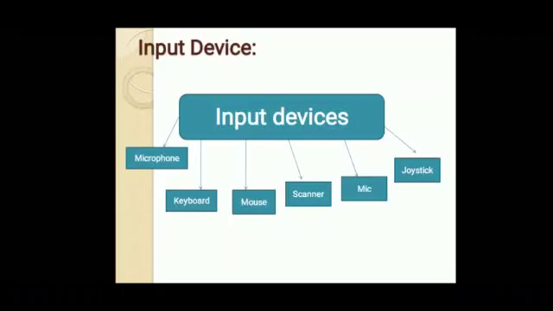The mic, we are giving the input voice and the voice will go out loudly. That is also an input device. Joystick, we are playing games and giving the input using the joystick. So these all are input devices.